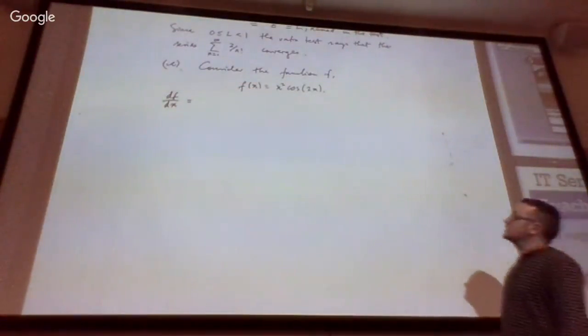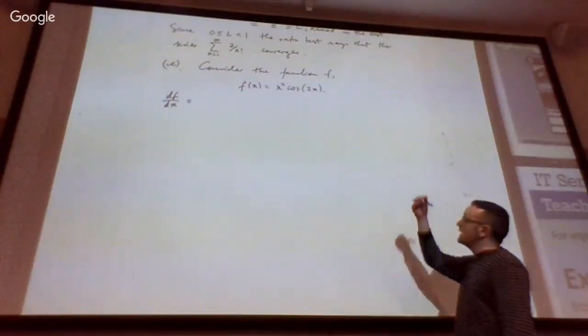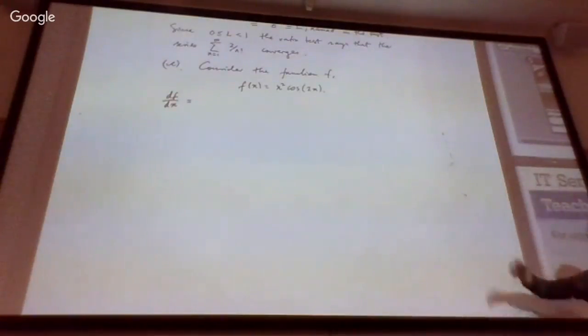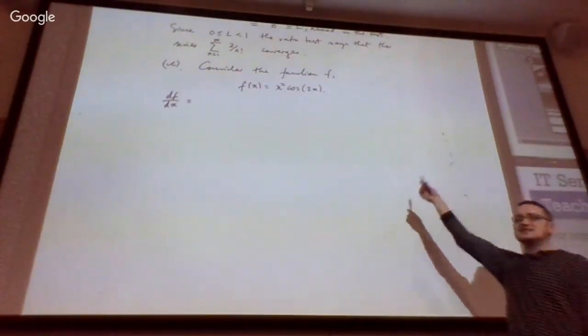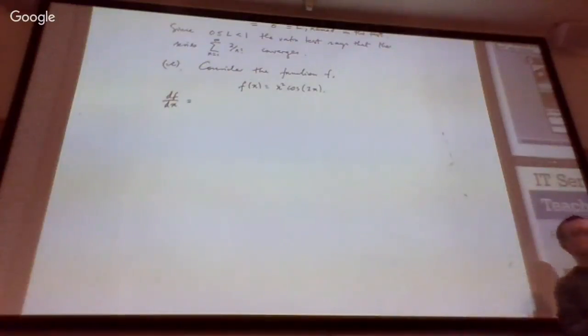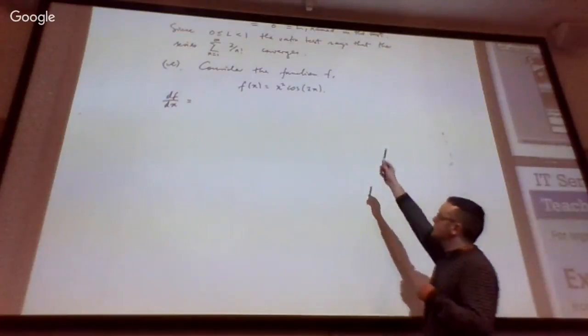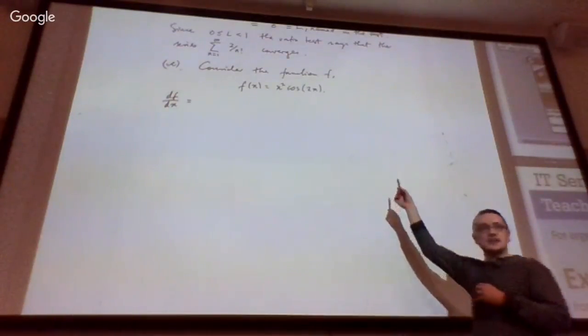Well, what do we think when we try to take the first derivative of that? What we recognize, before you launch into it and do anything, is that it's a product of two non-trivial functions of x, the x squared part and the cosine 2x. So it's at least going to need the product rule. And then one of the functions is a composition, cosine of 2 times x.